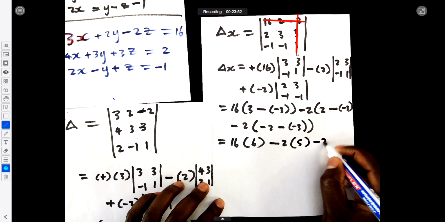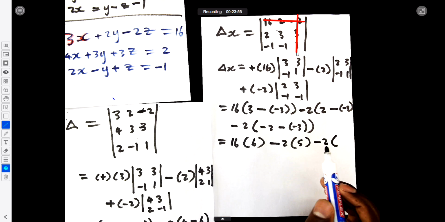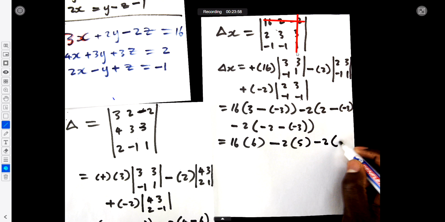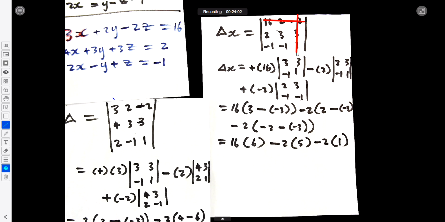And the last term, minus 2 into bracket, minus, minus, minus. Now this becomes 1, isn't it? So negative 2 plus 3, did I say negative 1? It's positive 1. Then you can calculate everything at once.